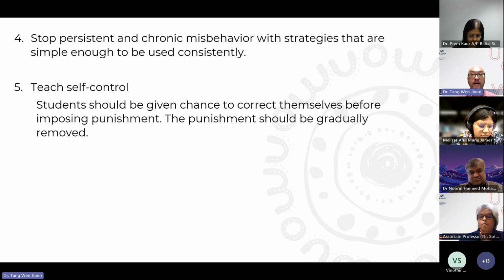Reward and warning are preferable to punishment. We shouldn't use punishment because now we are looking at adults, so it should be more like advice. If there is punishment, then the punishment should be gradually removed when the students show improvement.